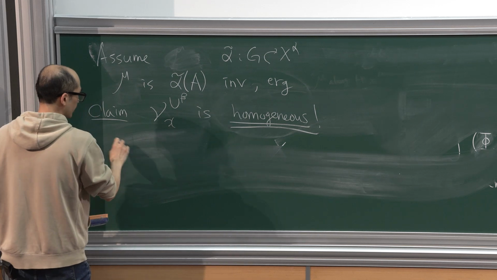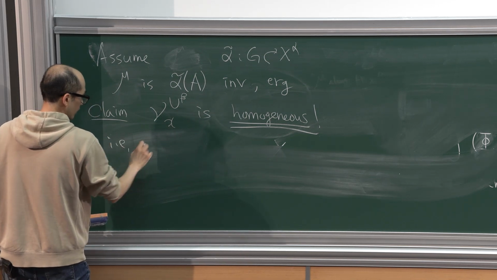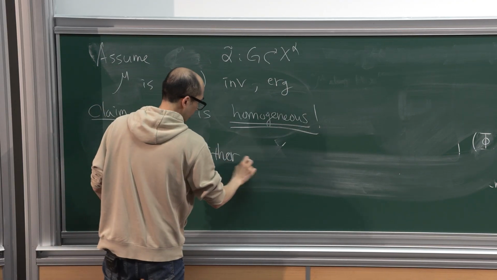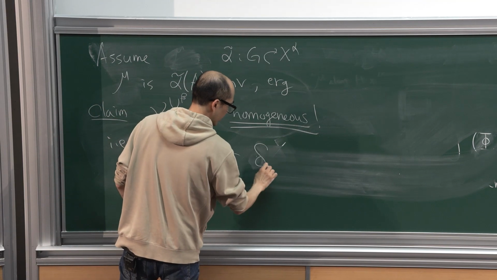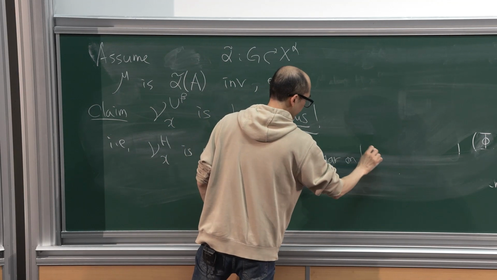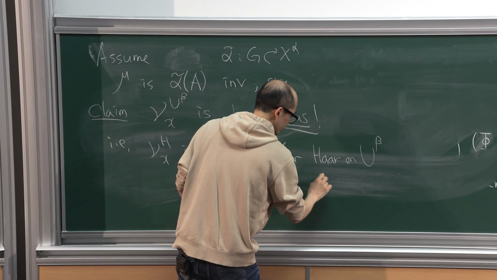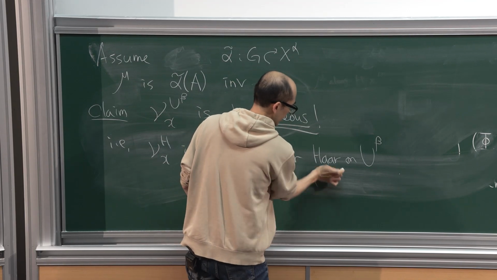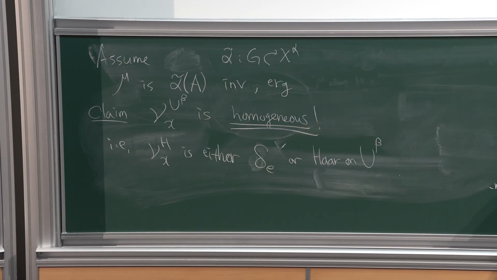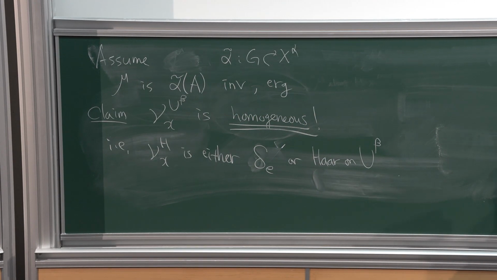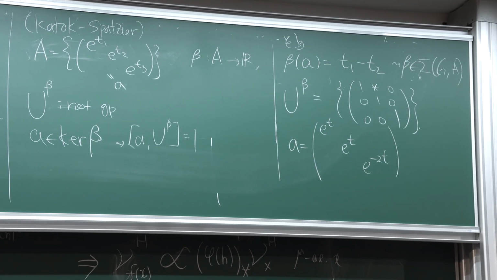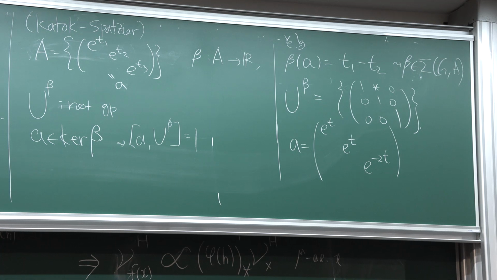More precisely, nu of x is either atomic, either delta e or Haar on U beta, which is just the Lebesgue measure on the one-dimensional real line. Because your U beta is basically R, right? Your U beta is basically a one-parameter subgroup.